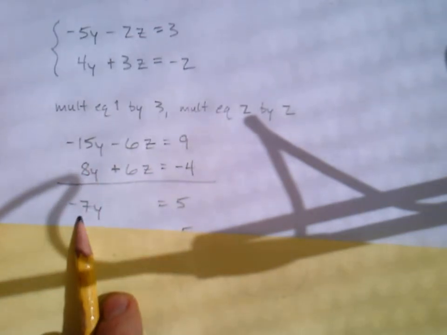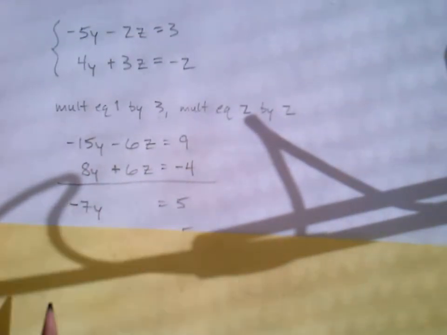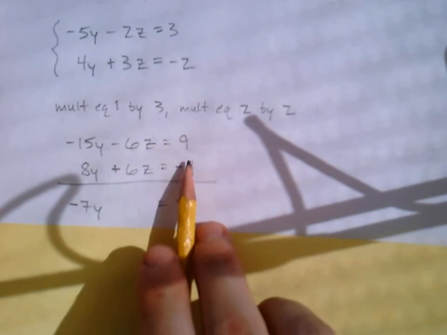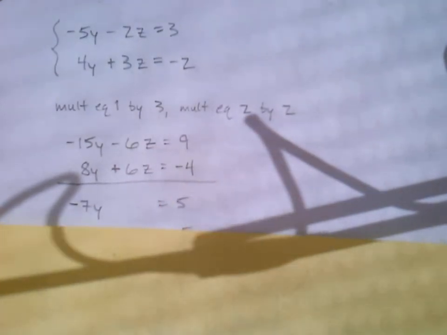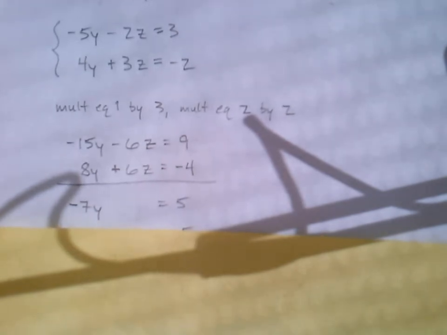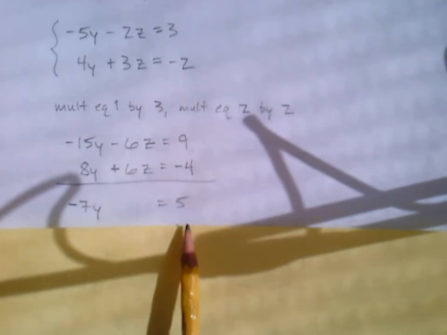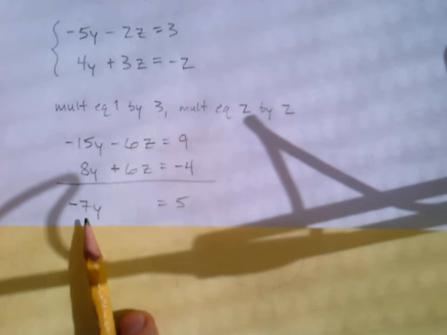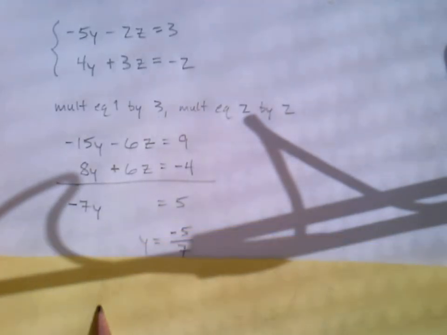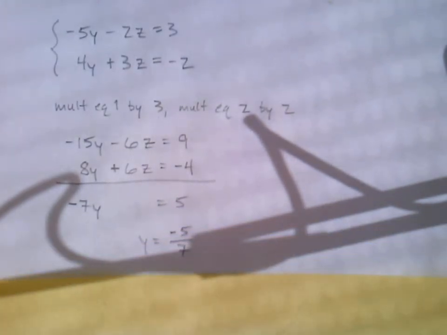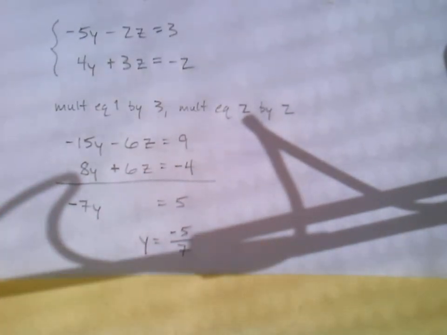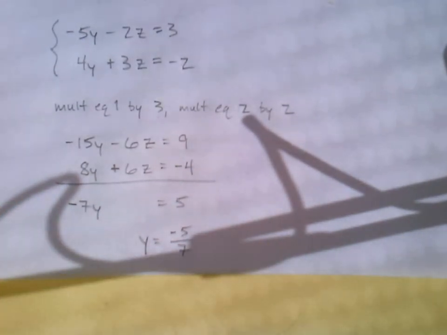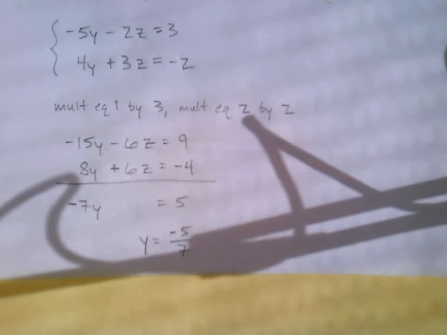Negative 15 plus 8, negative 7y. Then the z's are gone. 9 plus negative 4 is 5. Okay, negative 7y equals 5. To get y, I'm going to divide by negative 7. And, well, I've got a fraction. It happens. We do have answers to systems that are fractions. That's the way it goes.